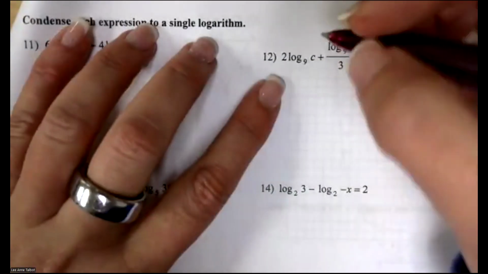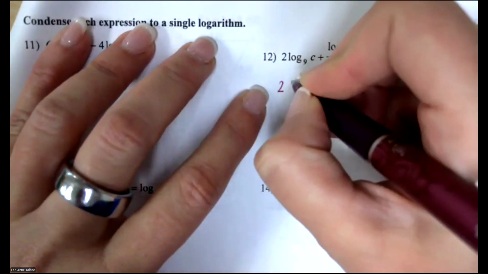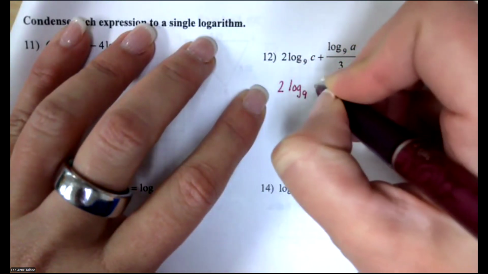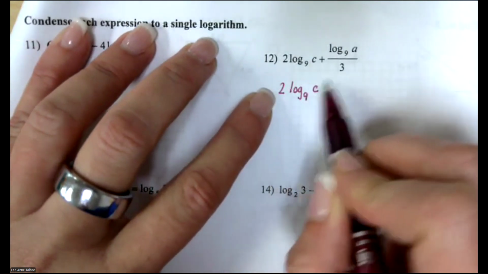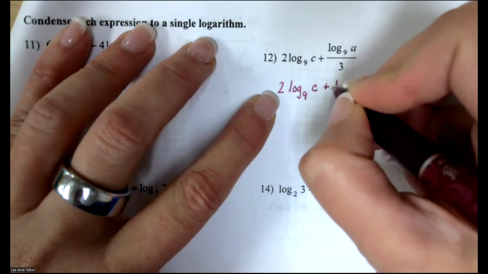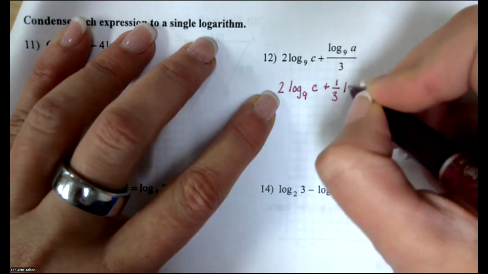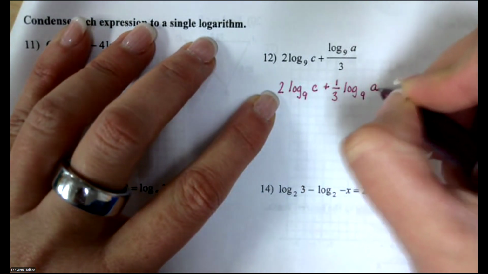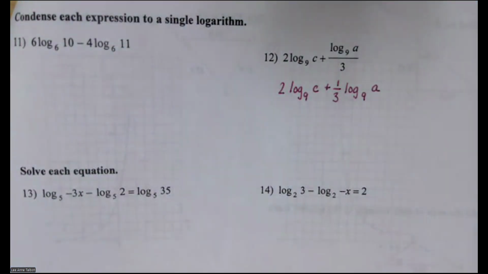Okay, so hopefully this will ring a bell at some point. So this is going to stay the same. And then this divided by 3, I'm going to make it a 1/3 in the front. I'm on review assignment number 12.